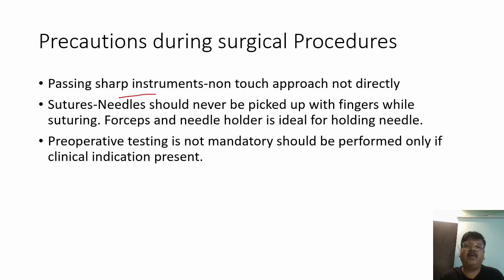There should be a non-touch approach. Whenever a sharp is passed, it should not be passed directly. It should be put in a kidney tray, and that kidney tray should be passed. Then for sutures, the needle should not be picked up by fingers while suturing. Forceps, a needle holding forceps, should be used. A needle holder is ideal for holding the needle.